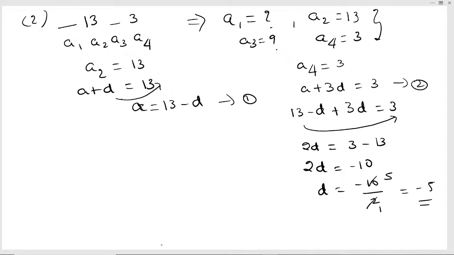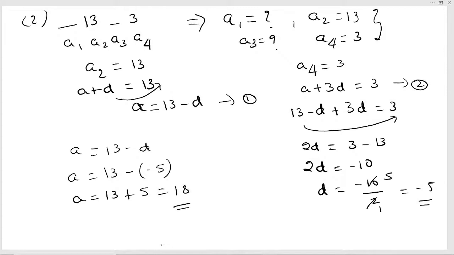So now you know the first equation says A equals 13 minus D. So I'll take that A equals 13 minus D. Here I'll apply the D value so that I'll get the A value. So A equals 13 minus the D value, which is minus 5, so minus of minus 5. So A equals 13, minus into minus is plus 5, so the A value is 18.